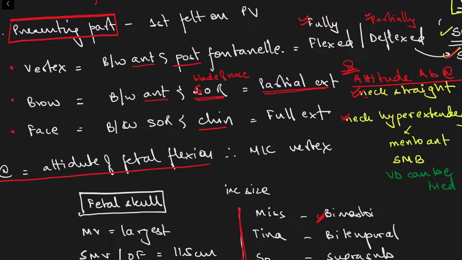So it will be a brow presentation. The presenting part would be brow. Now, what is the cause of brow and face presentation? It is due to the abnormal attitude of the baby, right? And if the baby is in full extension, like the neck is extended and the occiput would be near the back of the baby, then we say it is a face presentation.